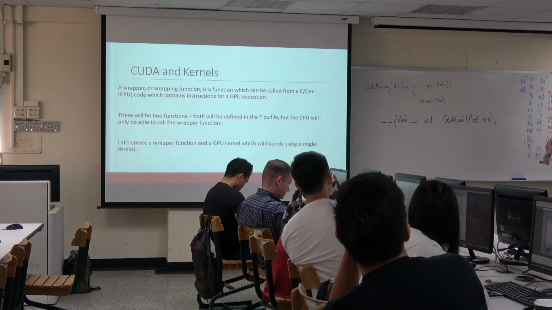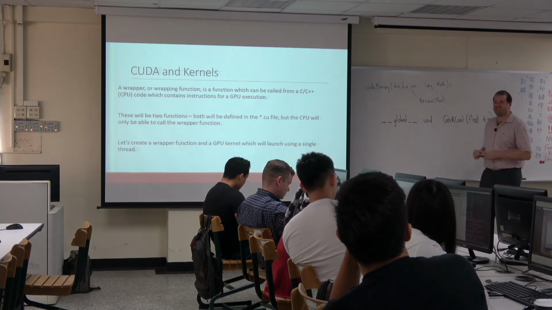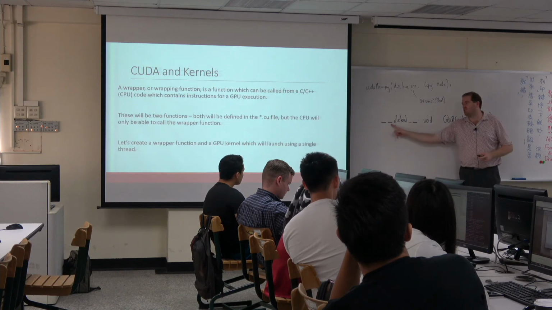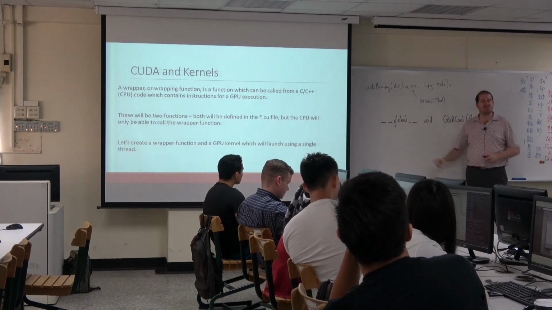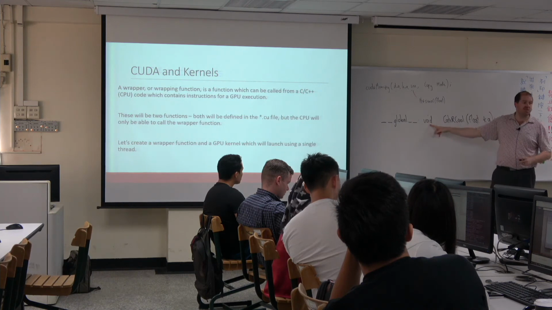Why have I written this here? I hope this is obvious enough: underscore underscore global underscore underscore void, it must be void.